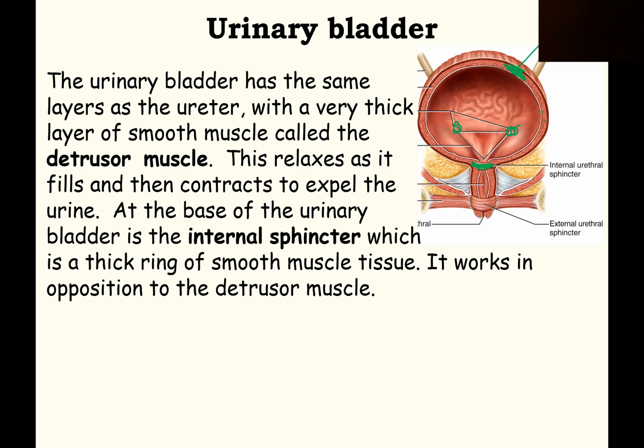The internal sphincter is going to contract. When a certain volume is reached, there's impulses that are going to be sent to cause the detrusor muscle to contract and the internal sphincter to relax. And that's what we feel as the need to empty the urinary bladder.